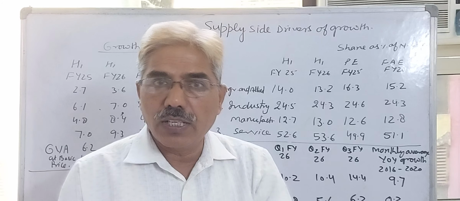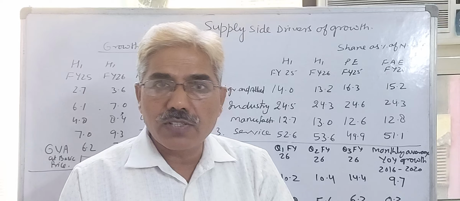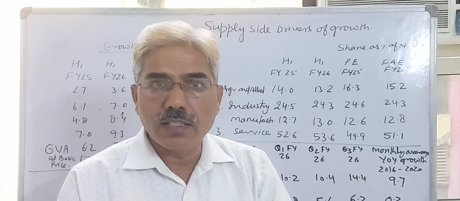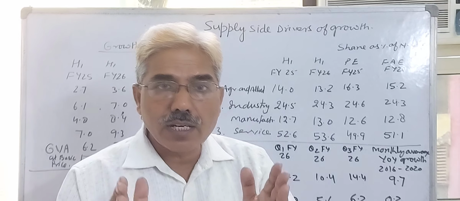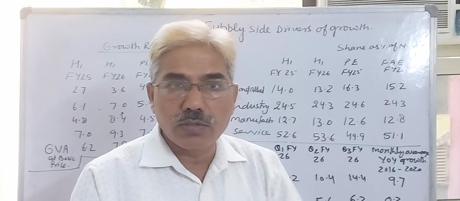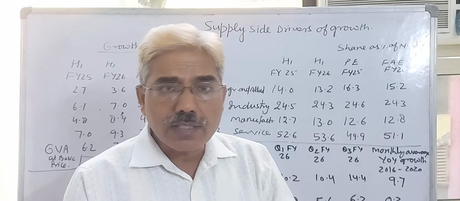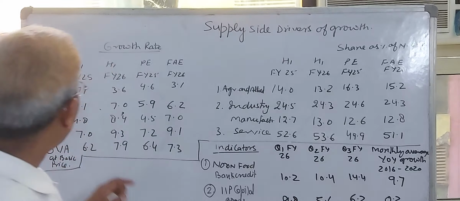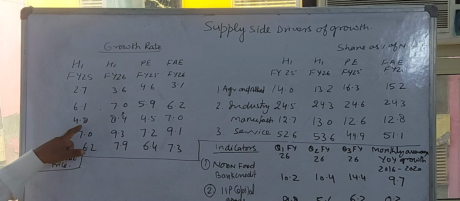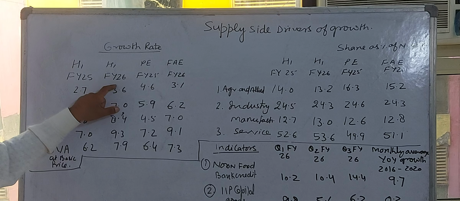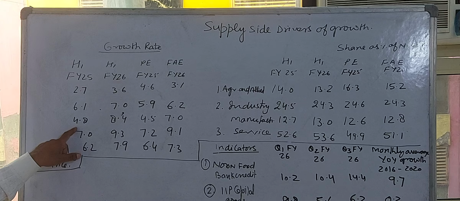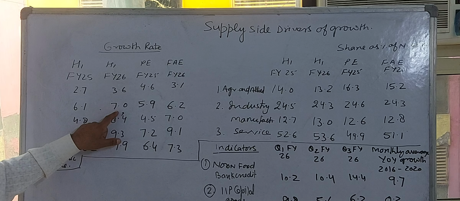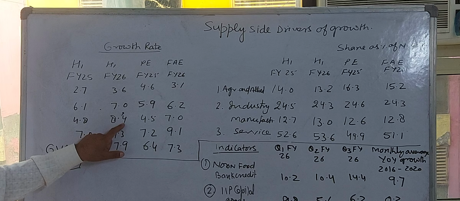If the growth rate of capital goods industries is increasing, they will further produce goods, meaning they will further enhance the growth rate of the industrial sector. As you can see, during H1 2026, the industrial sector growth rate was 7% and the manufacturing sector 8.4%.